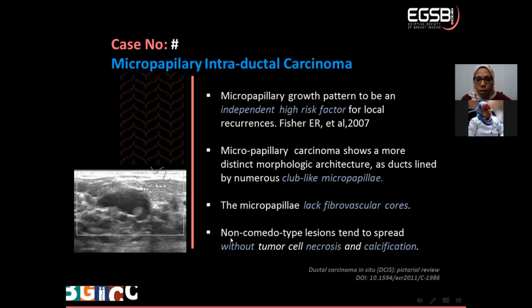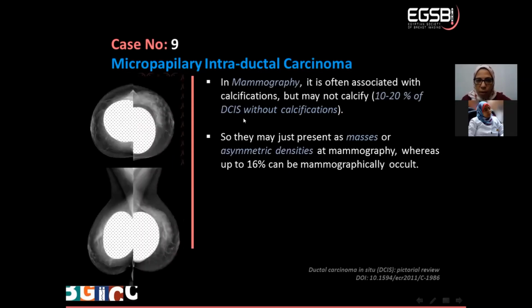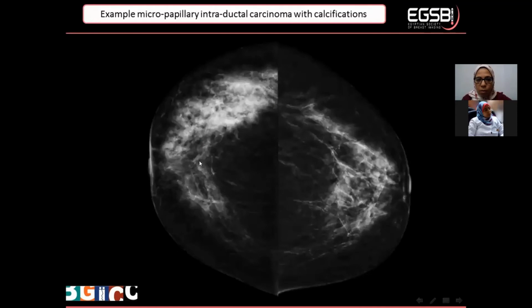Also, the non-comedo subtypes of ductal carcinoma in situ, like the micropapillary, tend to grow without necrosis or calcifications. Of course, sometimes they calcify and show a segmental or a ductal distribution of calcification, but in our case, it showed no calcification. So usually when they are not calcifying, they present as asymmetries or masses, or an even more occult mammography presentation.